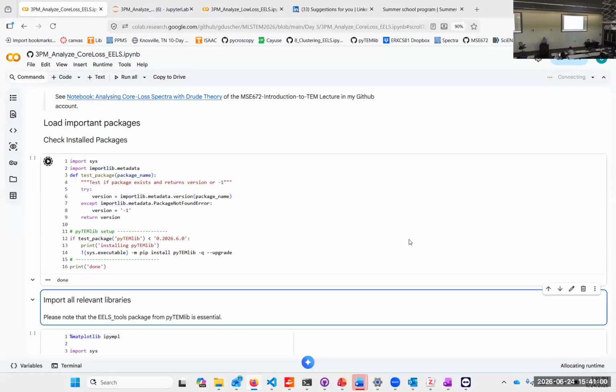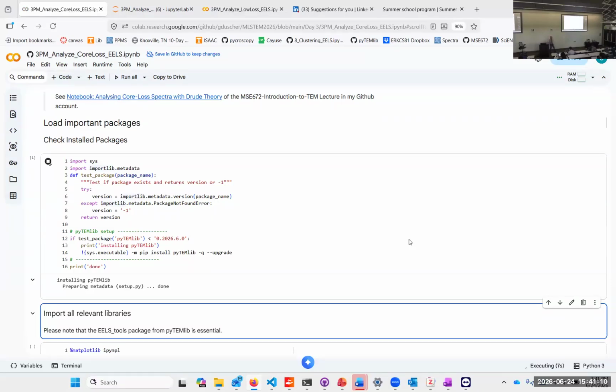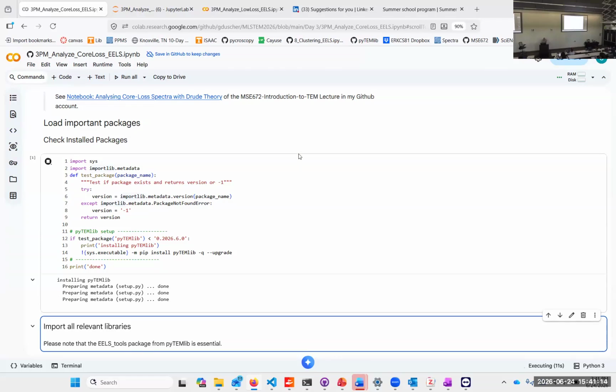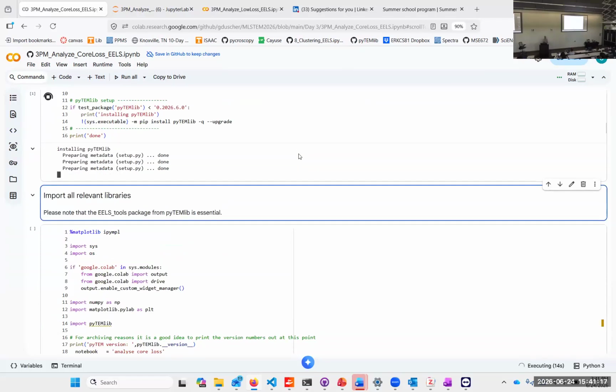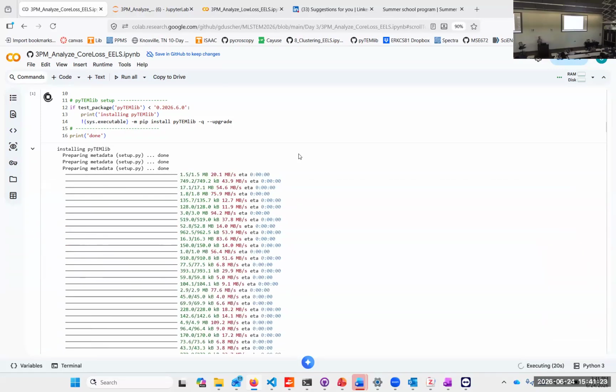Okay. So in the core loss spectroscopy, remember we are looking for the ionization edges. A core loss spectrum has two other components. One component is the background, that are the tails of the plasmon peak, and of course any kind of ionization edge that lies before that.